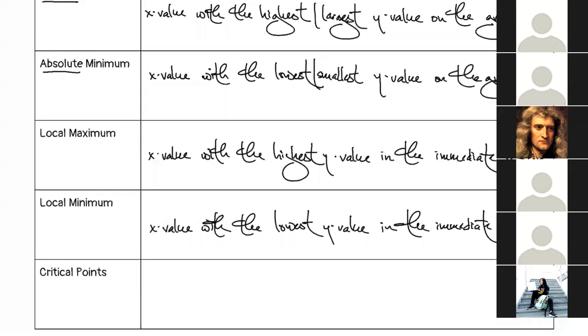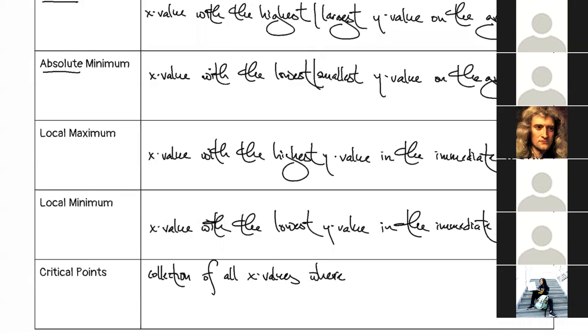Now, earlier, I said I want to define critical points as anywhere where the slope is 0. Okay. And that's going to be the first part of our description. It is perhaps the one that we use the most in calculus. All right. So we're going to say that the critical points are the collection of all x values where one of two things is happening.